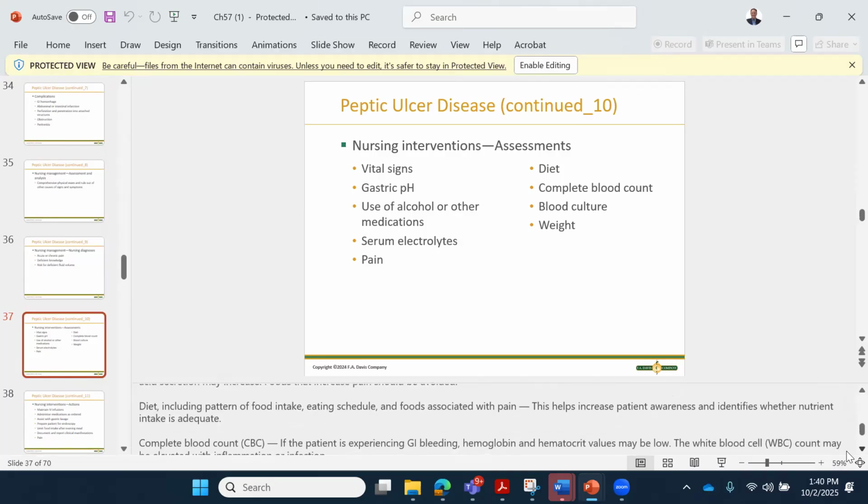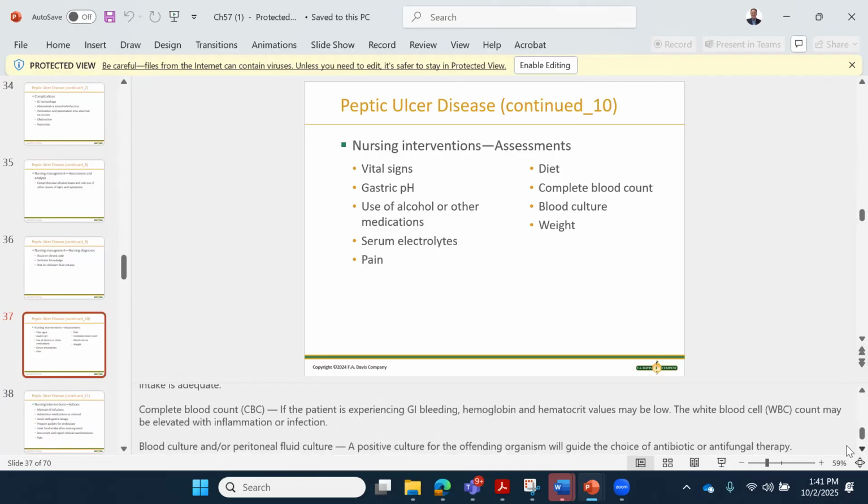You also want to sometimes even do a 24-hour recall of diet to see, okay, how often is this patient eating? What types of food are they ingesting? What types of either eating or not eating impacts the pain level.